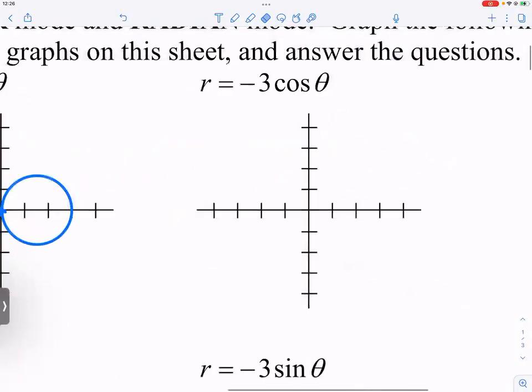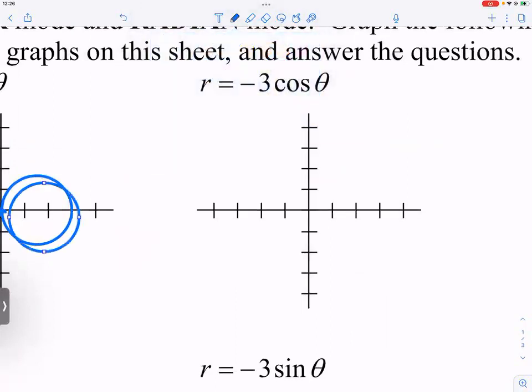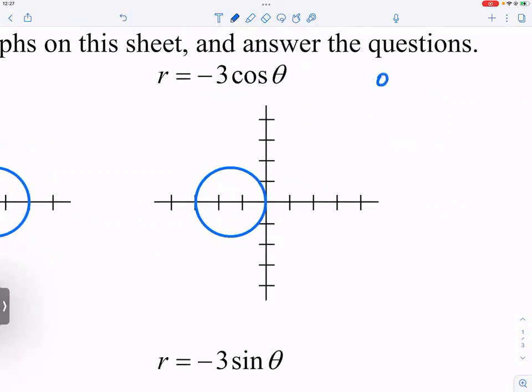Now, what is going to happen when you have a negative? Well, it's almost the same thing, except that the circle is going to go in the opposite direction, because when theta is equal to 0, r is equal to -3.